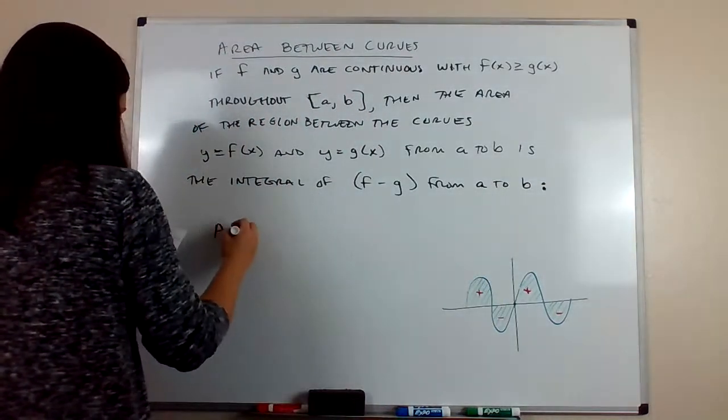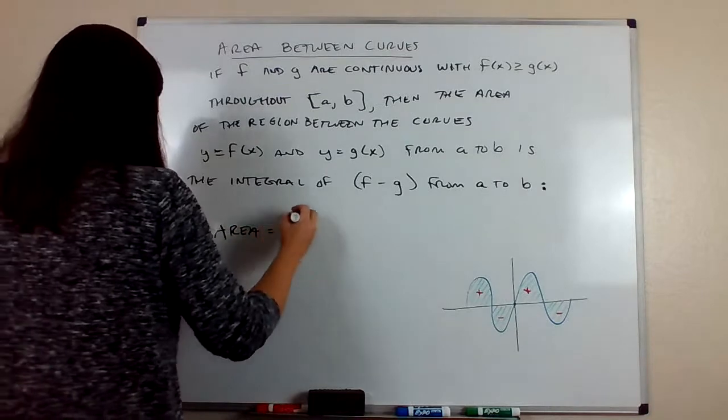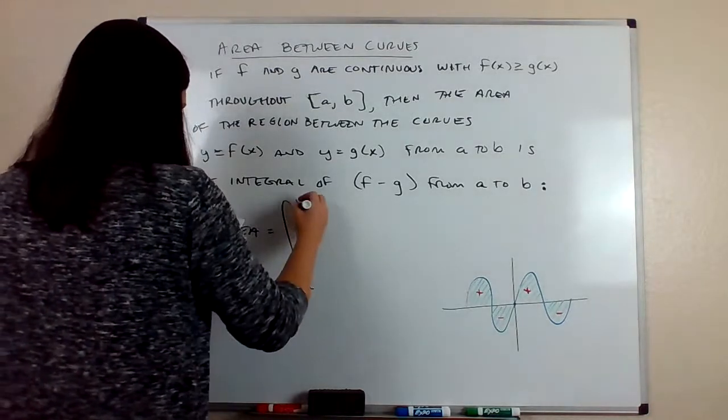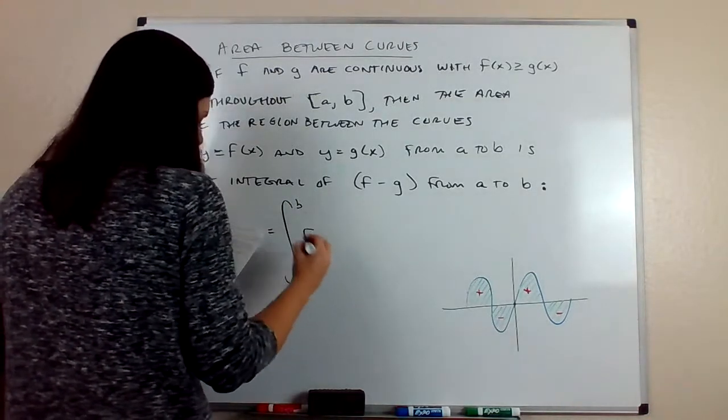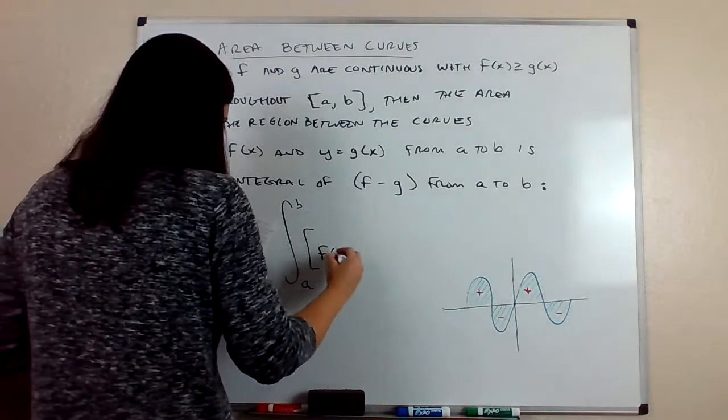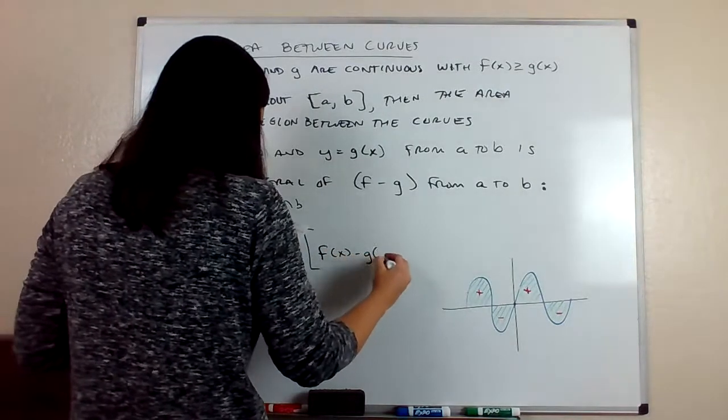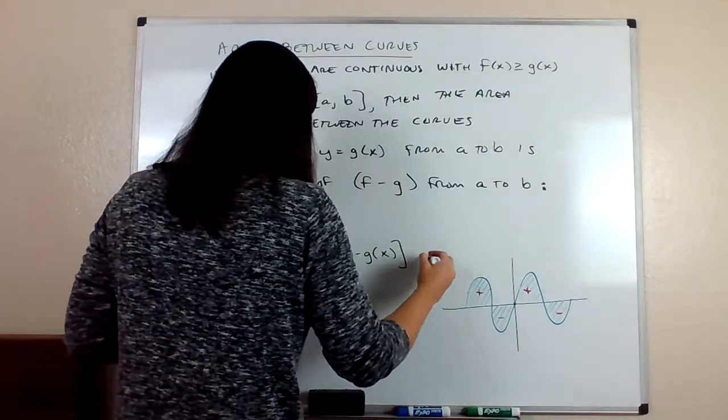So area equals the integral from a to b of the integrand f of x minus g of x dx.